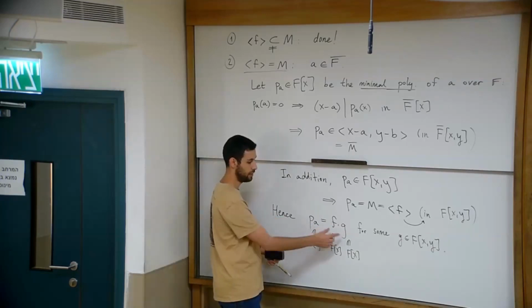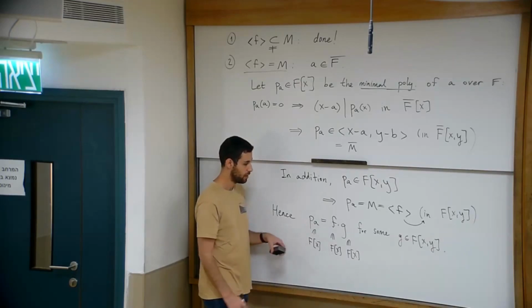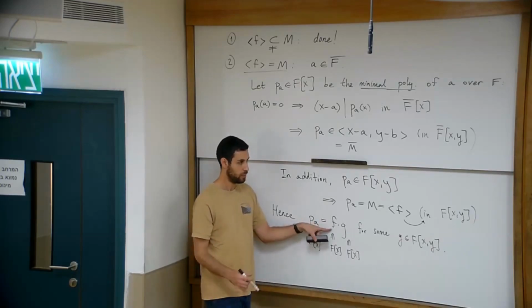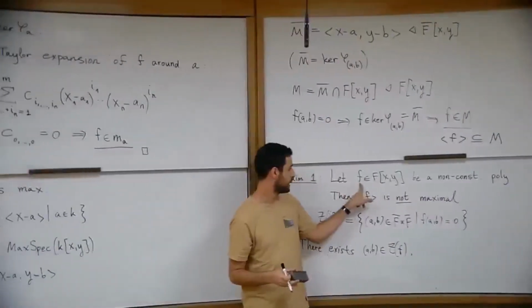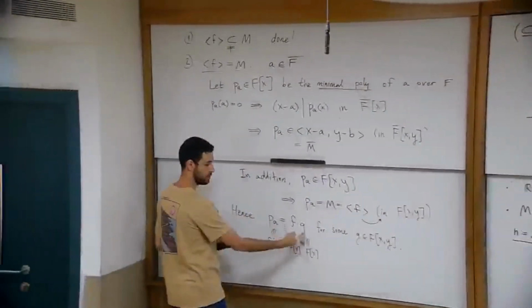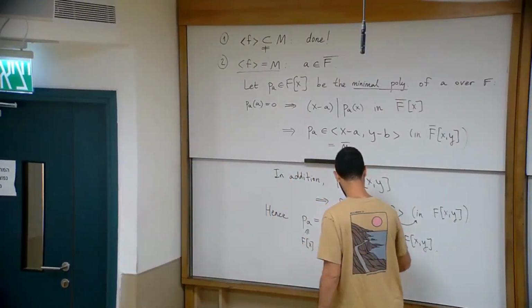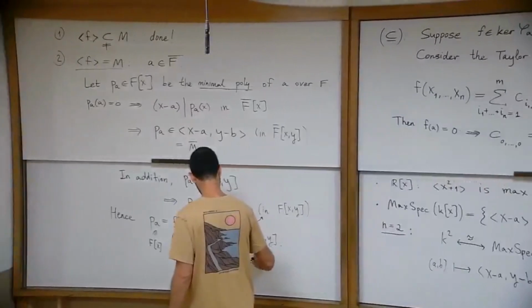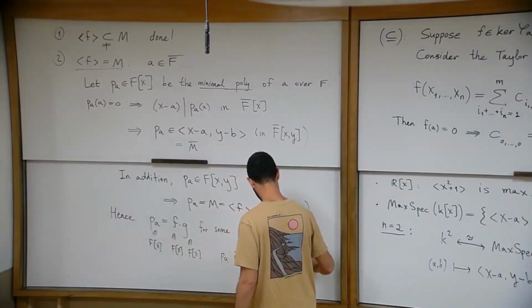And the units in F x are the non-zero constants. But f, remember, we started with f, a non-constant polynomial. So f is not constant, so g must be constant. So irreducible implies g is constant.